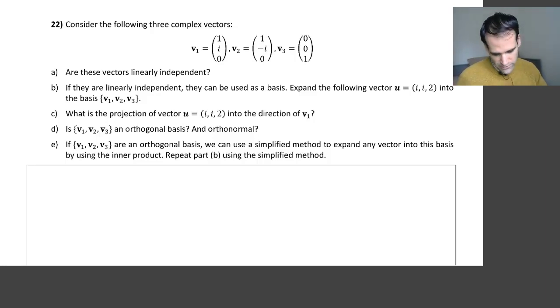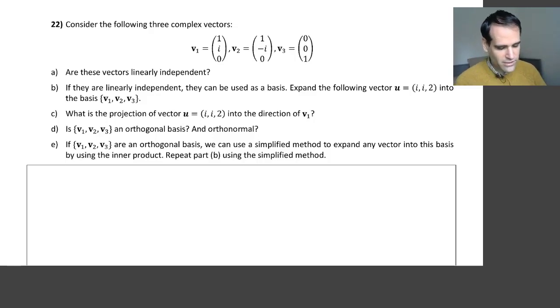As you can see, we have 5 questions. The first question covers whether they are linearly independent, which you already saw. The second question talks about expanding a vector into these bases, v1, v2, v3. The third one is about projecting a vector onto a direction.